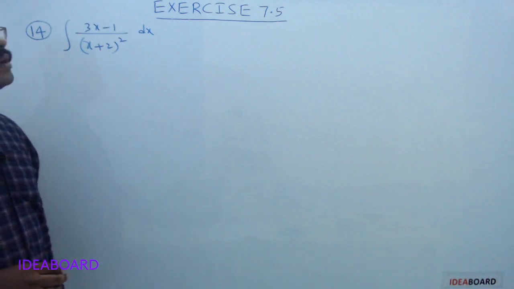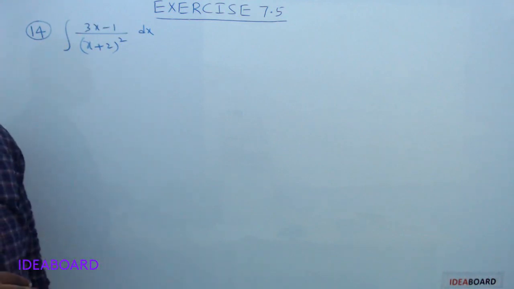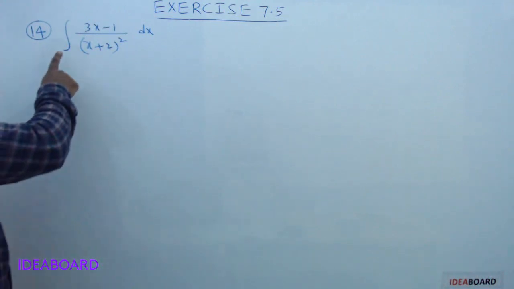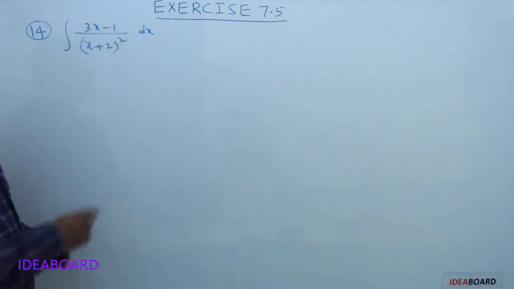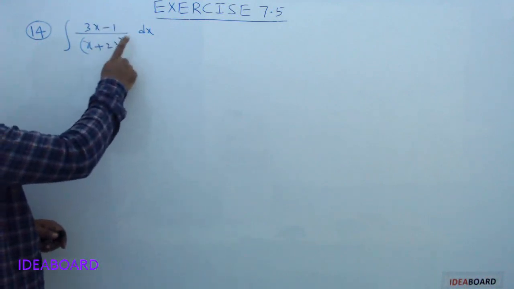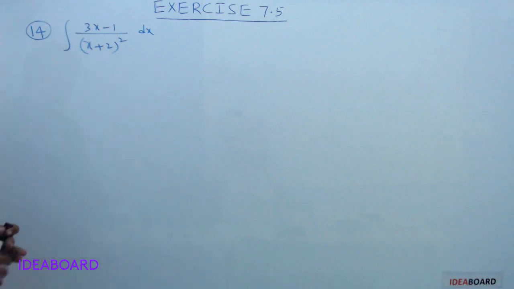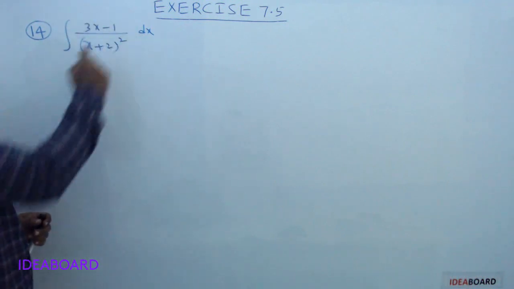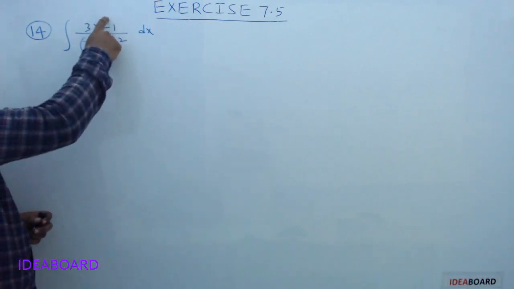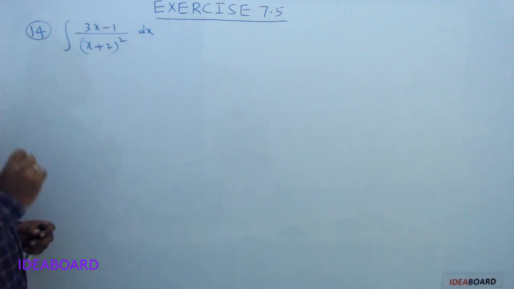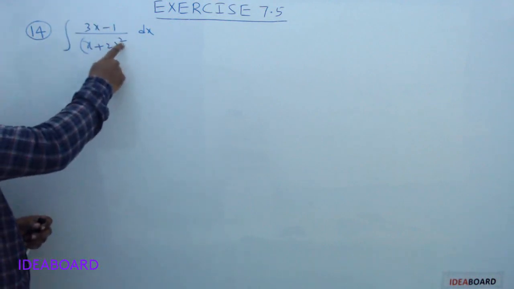Now see a problem related to type 2 partial fractions. Integral (3x − 1) divided by (x + 2)² dx. Here if you observe this integrand, degree of numerator is 1.